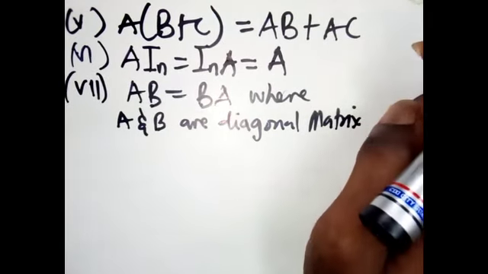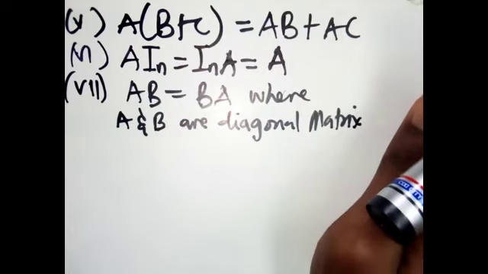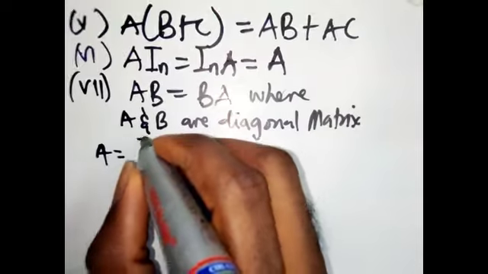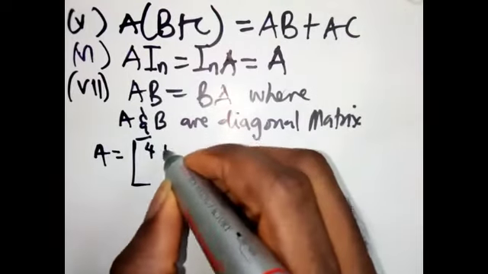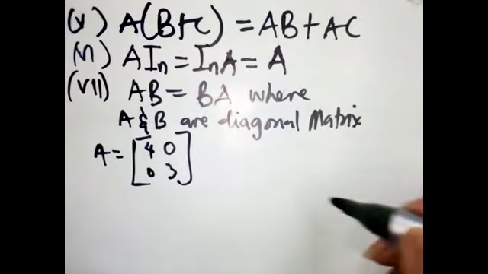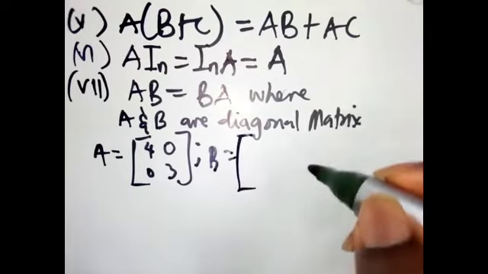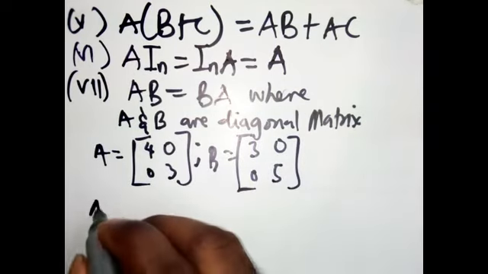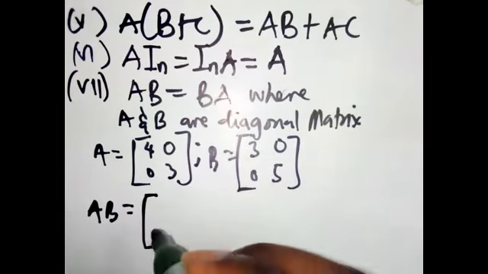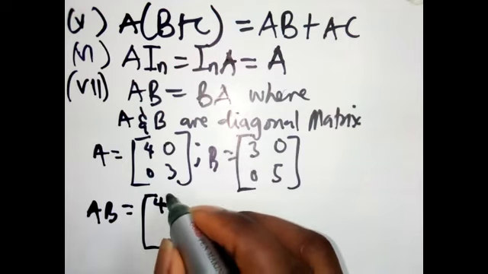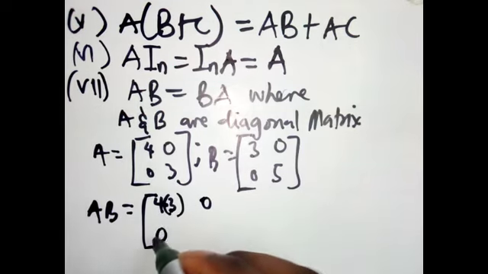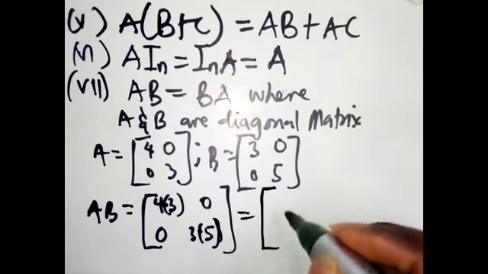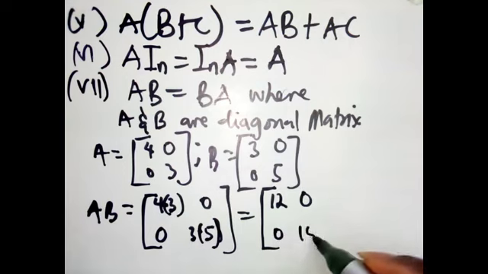So for instance, given that A is expressed as 4, 0, 0, 3 and B is equal to 3, 0, 0, 5, then the product AB would simply be 4 times 3 and 3 times 5, which is equal to 12, 0, 0, 15.